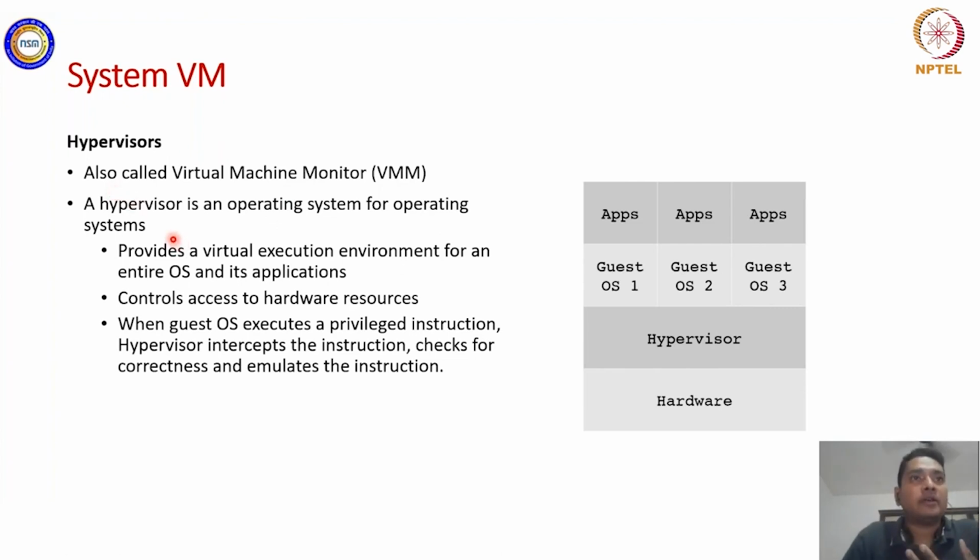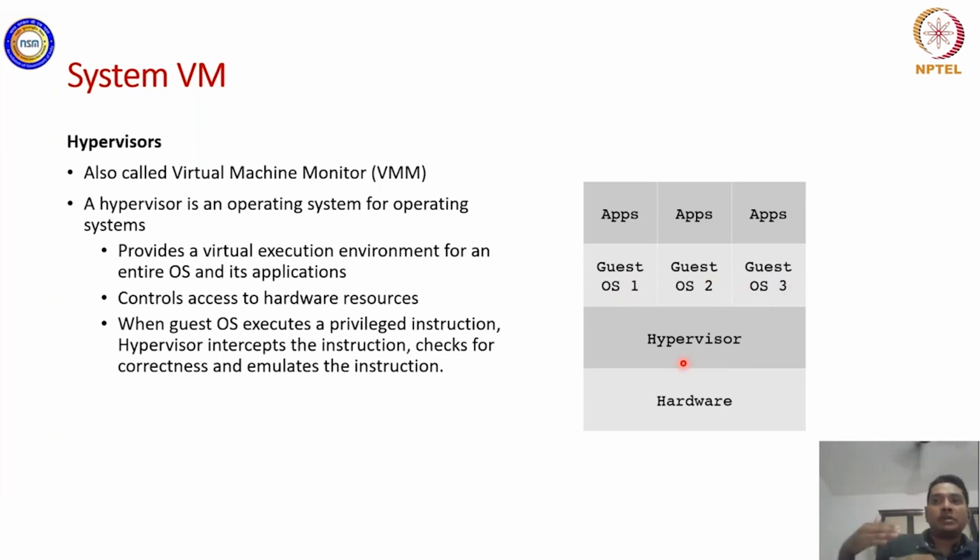Now, what is a hypervisor? A hypervisor is an operating system for operating systems, because you can see that you have this hardware, and when you boot this entire system, the first thing that gets booted up is this hypervisor. Then you have multiple OSs which will share the underlying hardware through this hypervisor, and these virtual machines will have different OSs, let's say OS 1, 2, and 3.